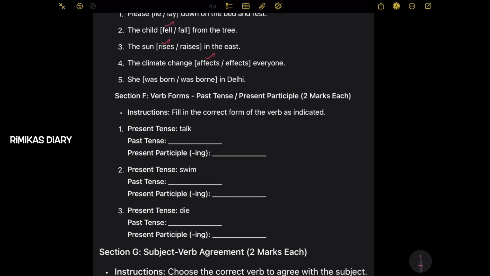Present tense, swim. Past tense, swam. Present participle, swimming. Present tense, die. Past tense, died. Present participle, dying.